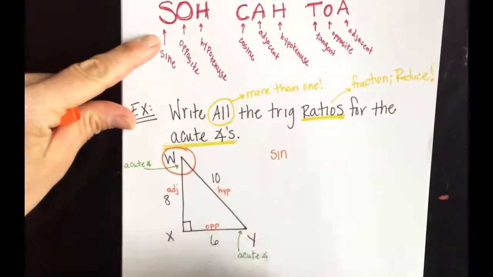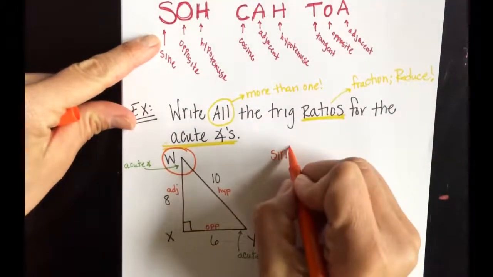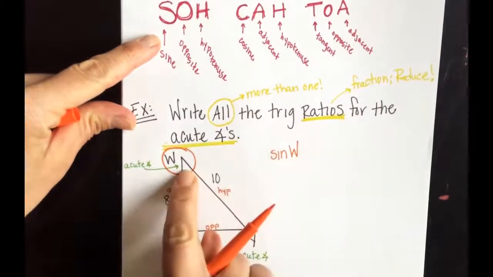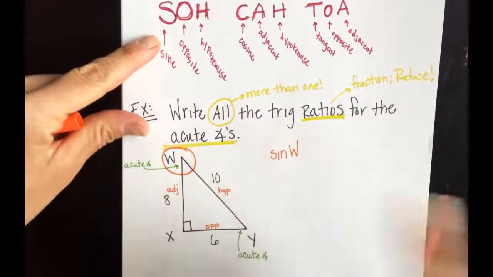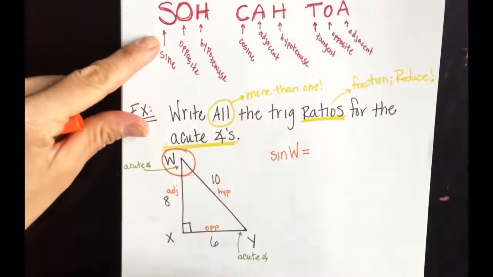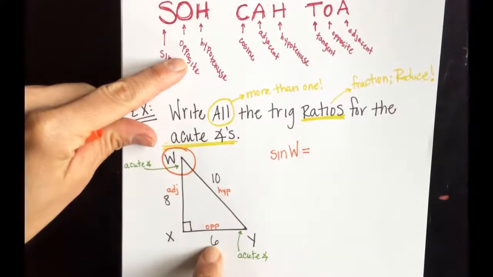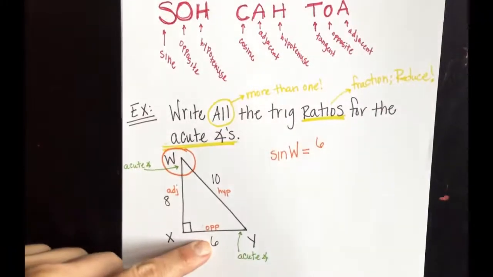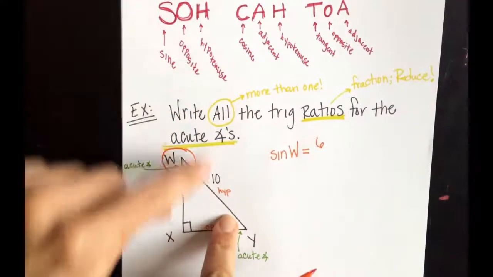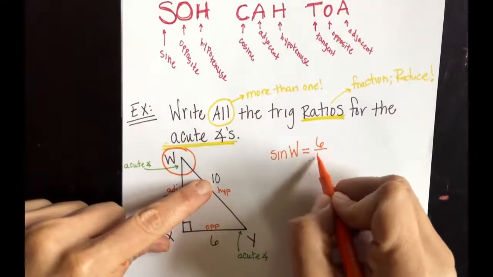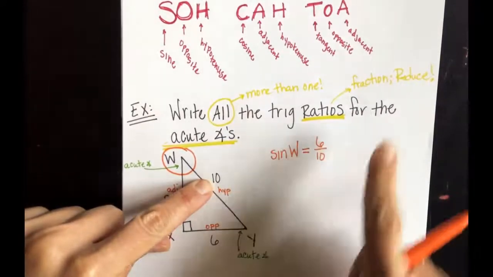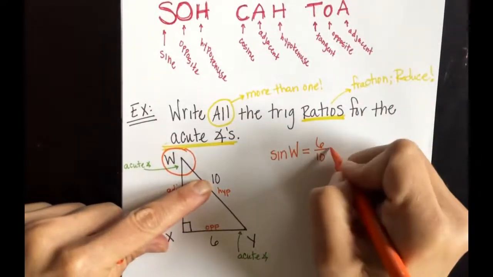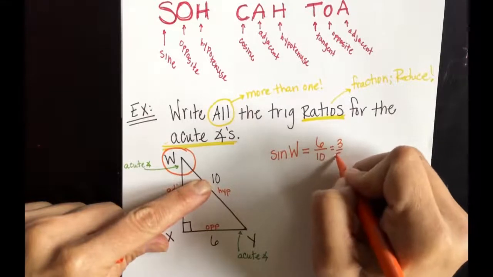So I do sine and then the angle, now it's W because I don't have a number here. And then I write opposite, so I look to see here, opposite side length is 6, and the hypotenuse length is 10. It's a ratio, so I need to reduce, so I write 3/5.